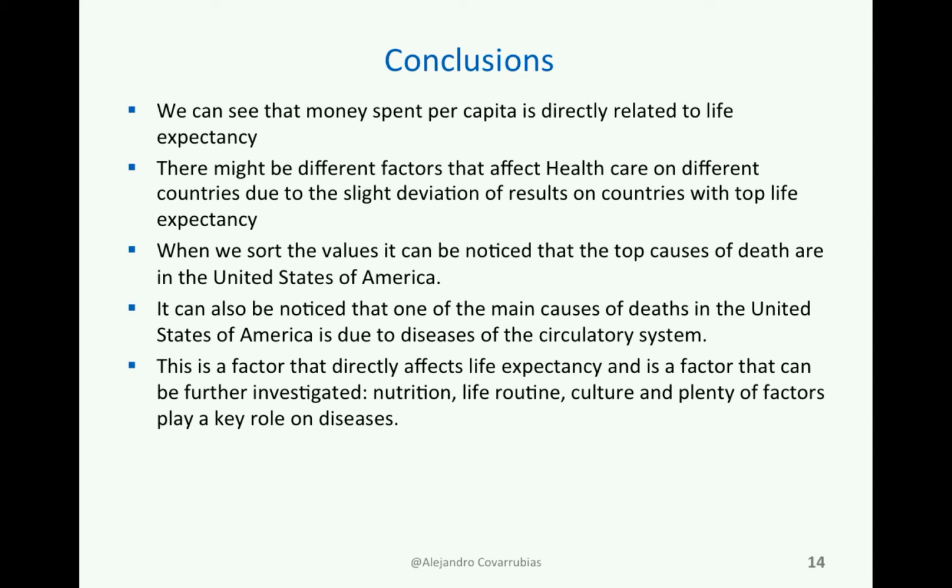Right? So as I mentioned, it's not just the money spent on healthcare. There might be other factors that affect that, and Singapore is a good example because they have more life expectancy than the United States of America, and I believe nutrition and all of that plays a key role in this.